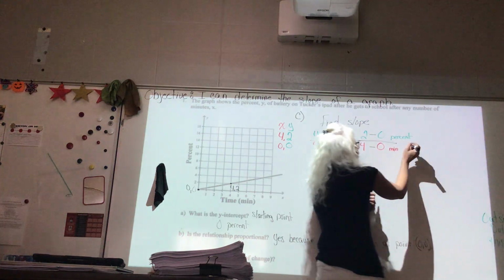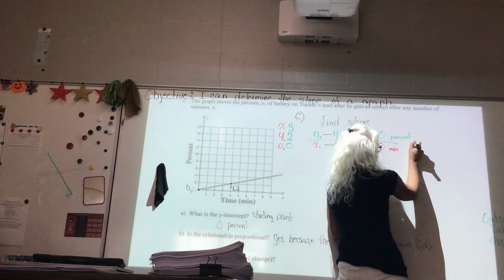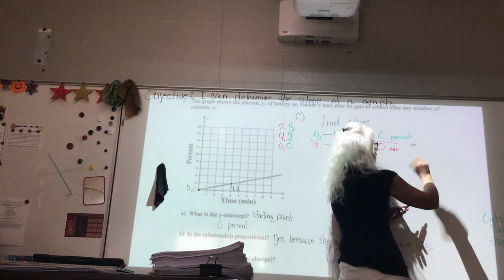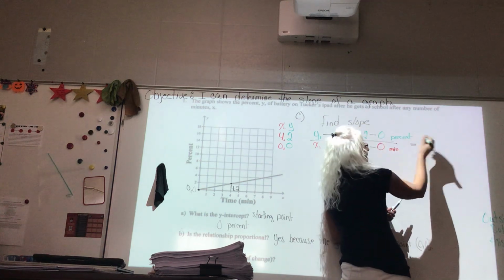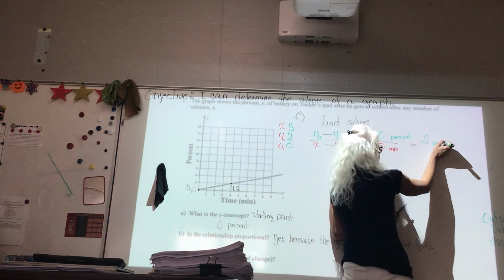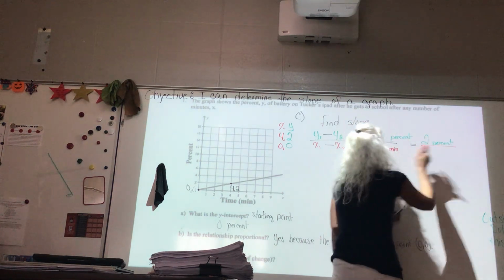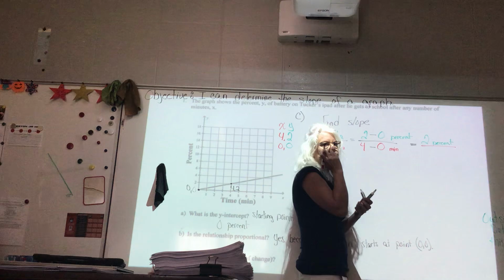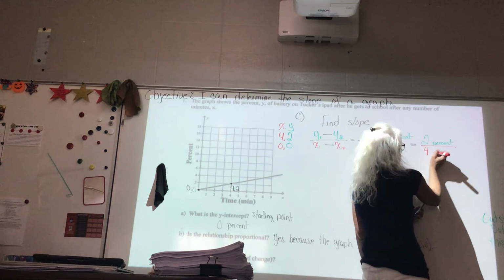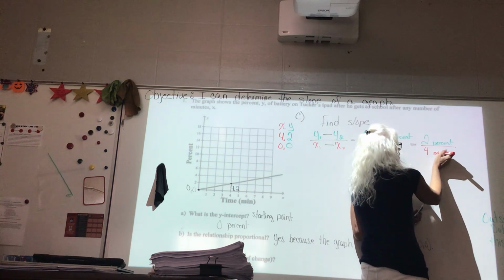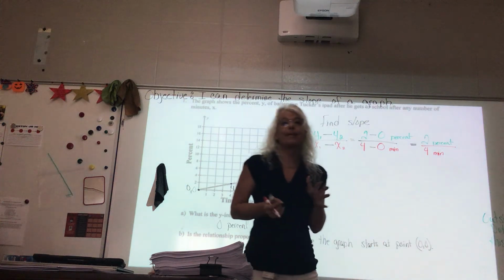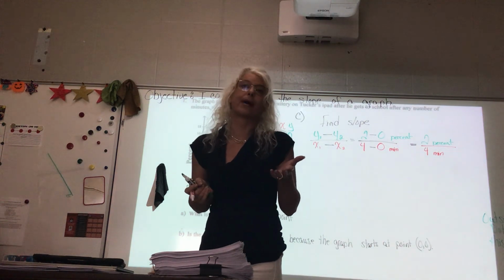Two minus 0 is? 2%. Four minus 0 is? 4 minutes. So in 4 minutes, he's gained 2% of his battery, correct?